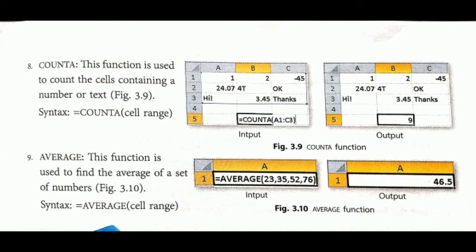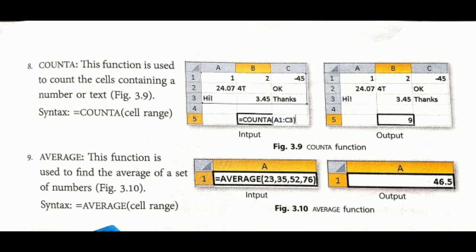The next type of function is counta. This function is used to count the cells containing a number or text. Okay, the counta function is used for counting cells that contain numbers as well as text. In the count function, we have studied that it counts only the cells that contain numbers. But counta counts the cells containing both numbers as well as text.